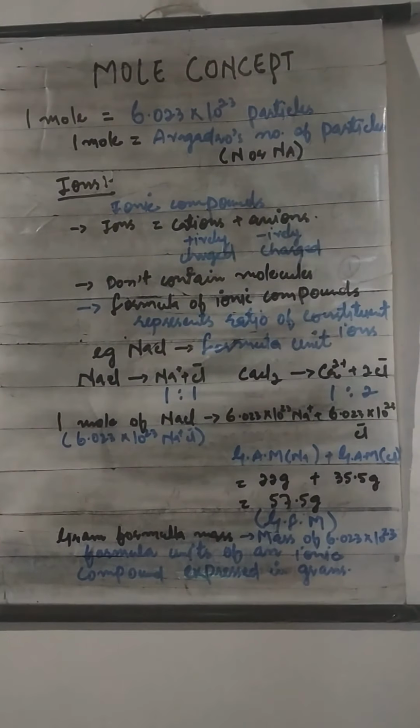As we use the term gram atomic mass for atoms and gram molecular mass for molecules, for ions we use the term gram formula mass.